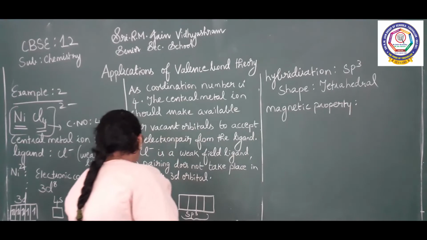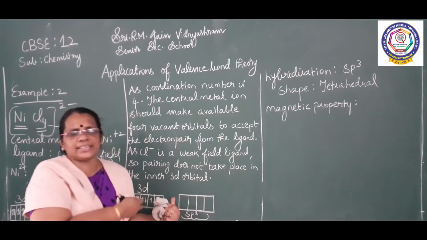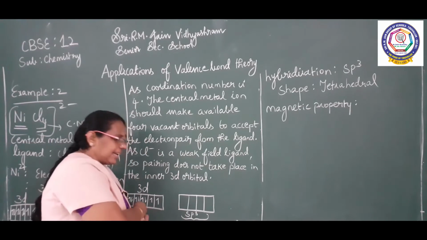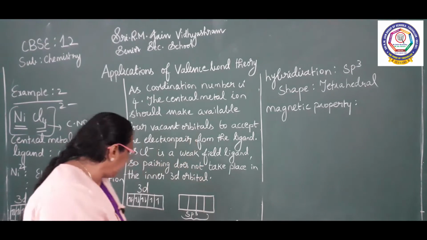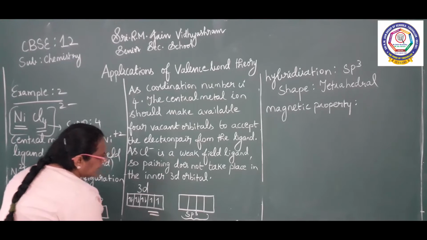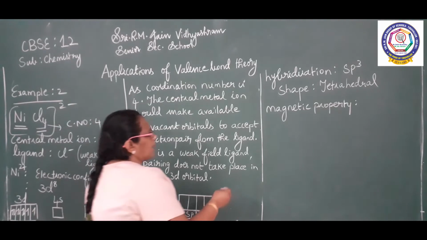What is the magnetic property here? See here, in this complex, in 3d there are 2 unpaired electrons. Is it not? So what is the magnetic property?